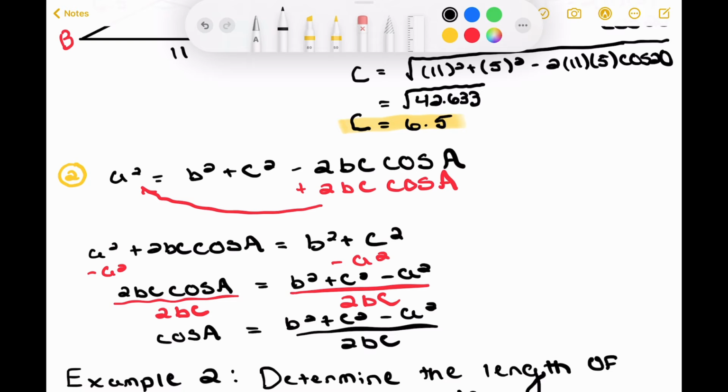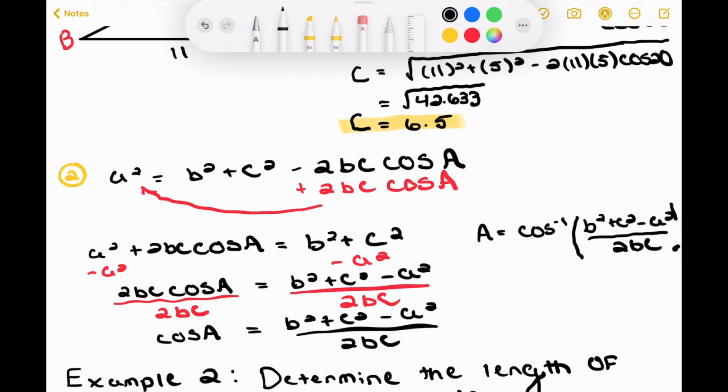So over off and to the right here, I'm going to write A is equal to cos inverse or arc cos of, in the brackets, b squared plus c squared minus a squared all over 2bc. Perfect. Now we have our angle A isolated.